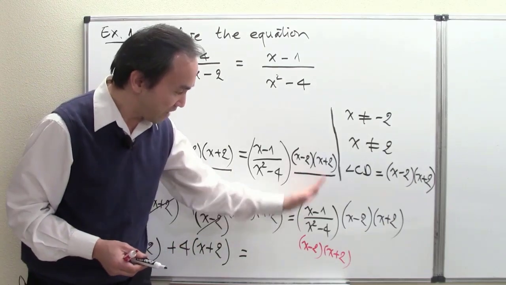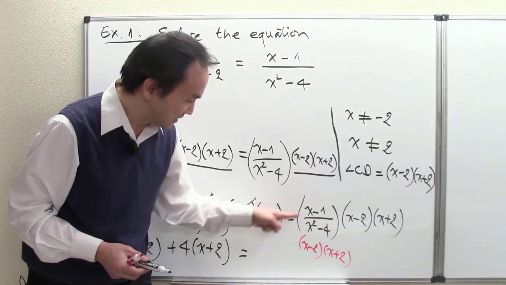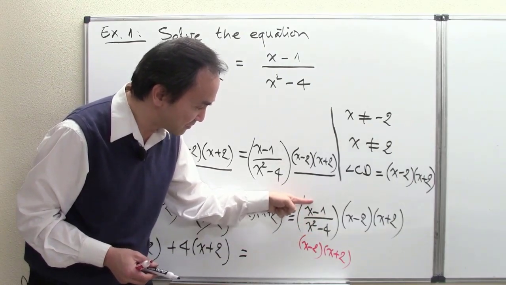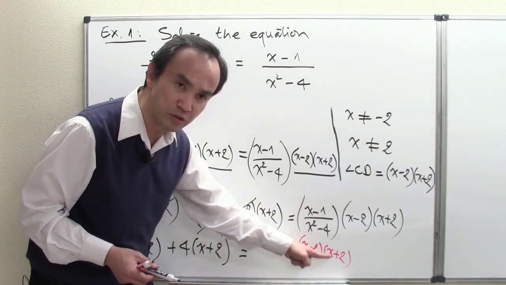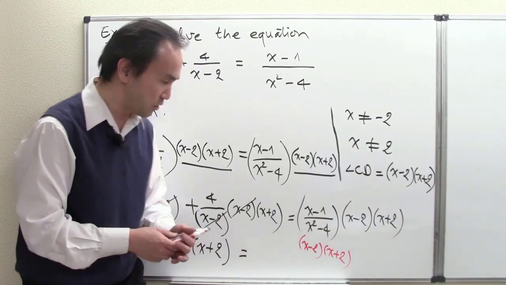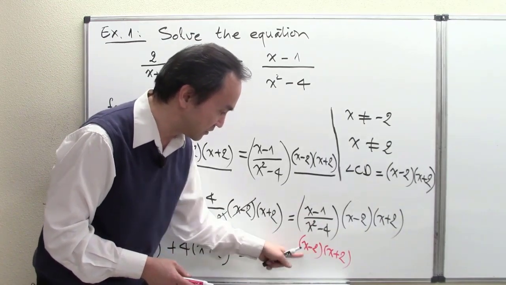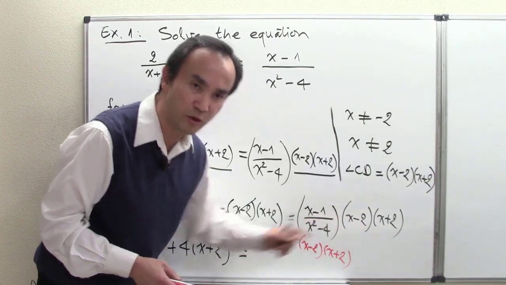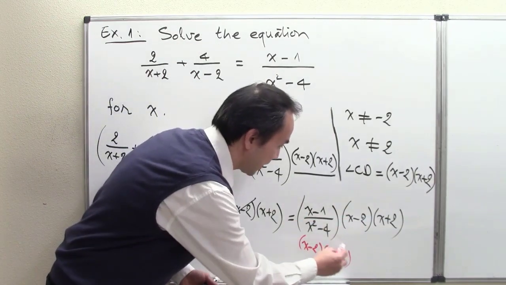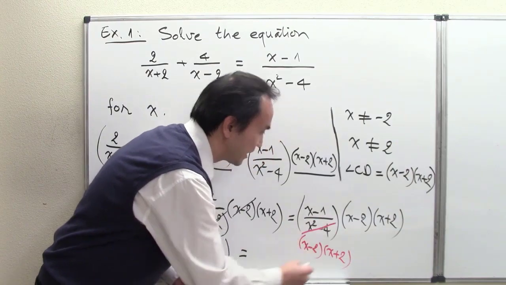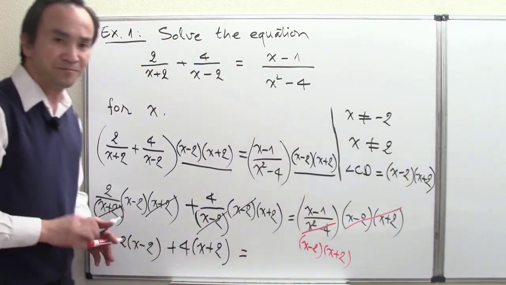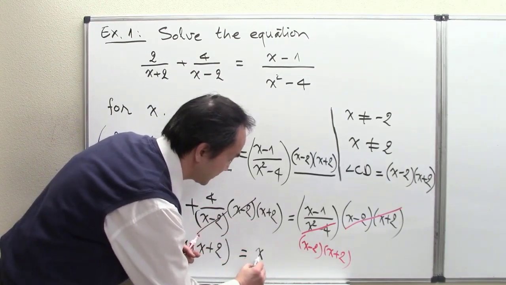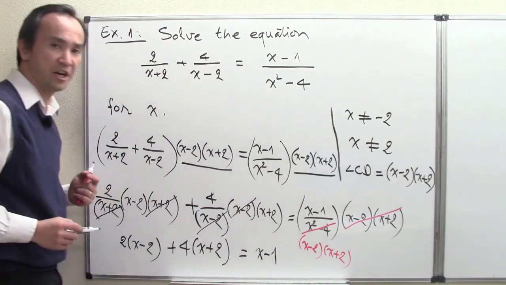So the way this rational expression looks, x minus 1 over x squared minus 4 means it's the same as x minus 1 all over x minus 2 times x plus 2. And so now we recognize these two factors are both common with the two factors that we multiply to both sides. And so now the entire denominator will get canceled with that, leaving what's left behind here, x minus 1 on the right-hand side.